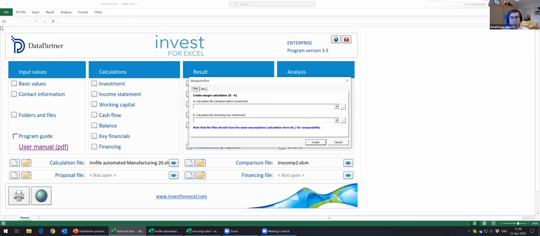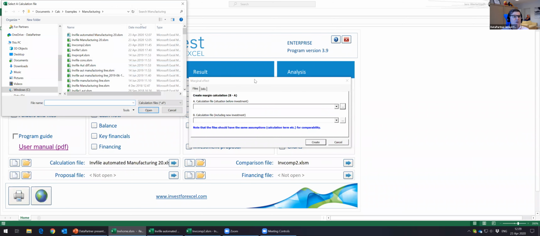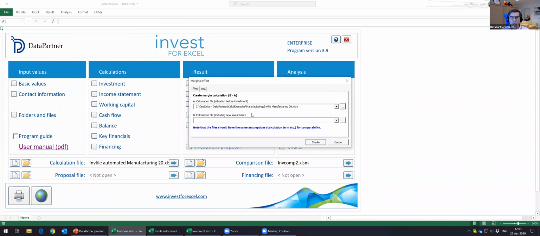So I choose situation before investment. I don't have it open, so I have to select the button with 3 dots and select it from saved location. And including new investment, the automated production line, I have open, so I can select it from the drop-down and press create.